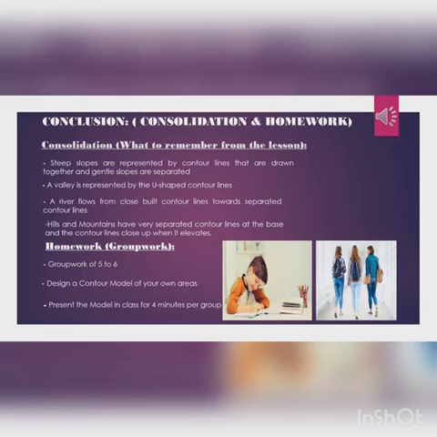Also remember that the valley in our contour model was represented by U-shaped contour lines, and the river flows from the close contour lines towards the separated contour lines, while the mountain and the hill have separated contour lines at the base and very close contour lines at the mountain top, or the top of the hill. That shows the elevation of the two different landforms.